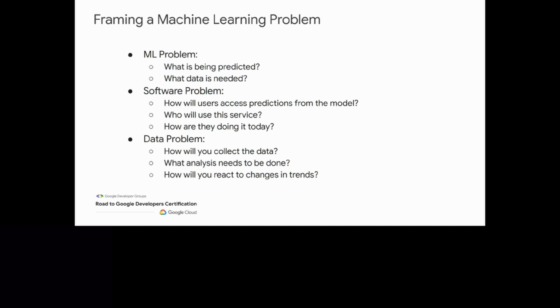Then the software problem: how the user would access it, what type of service it is, how it is done today and how you can improve it. And the data problem, which is obviously the hardest one: how you would collect this data, what type of analysis you need to be doing, and how to react to these changes. Basically, when the population changes, how do you want to deal with that?